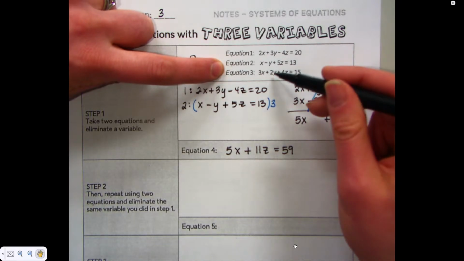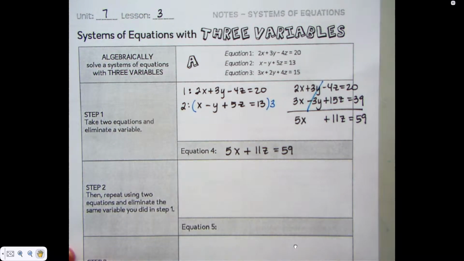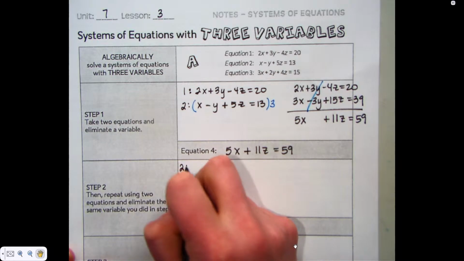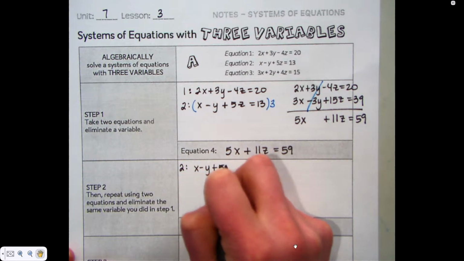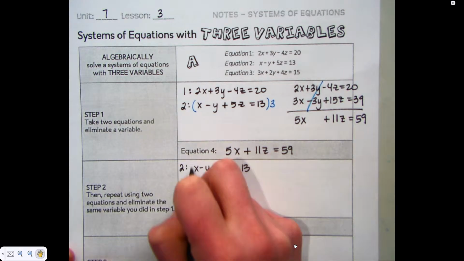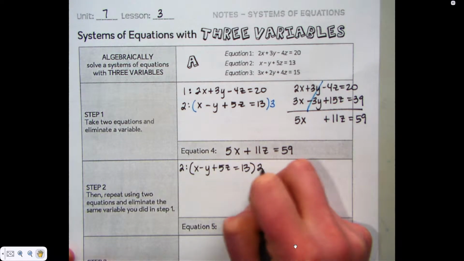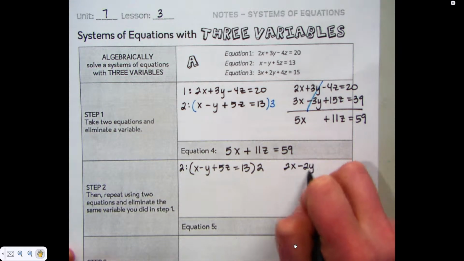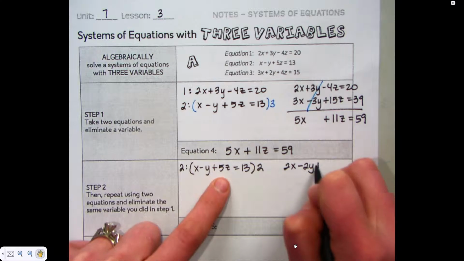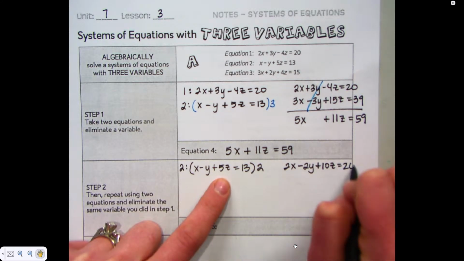And that would give me equal and opposite y values. So we're going to take equation 2, which currently reads as x minus y plus 5z equal to 13. And we're going to go ahead and double it. That would give us 2x minus 2y plus 10z equal to 26.